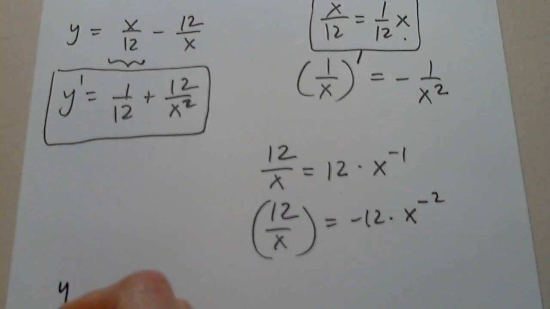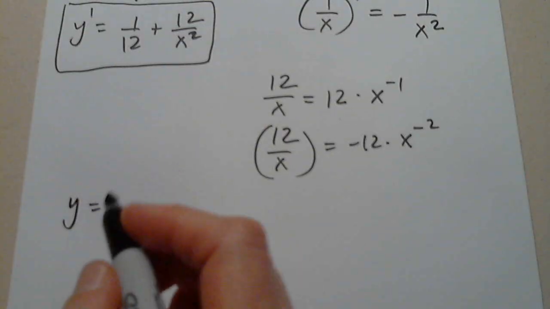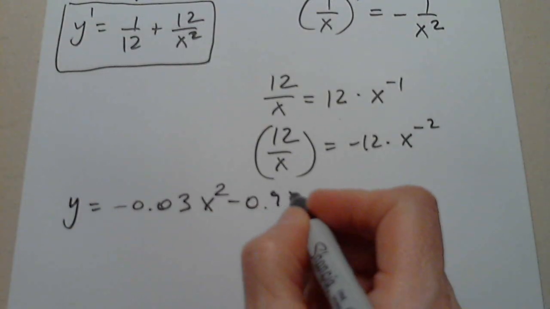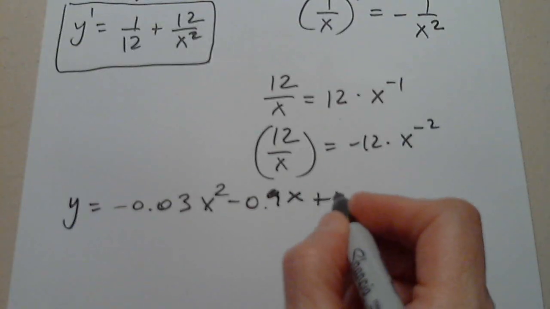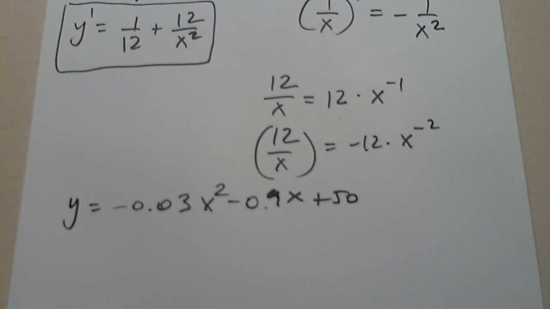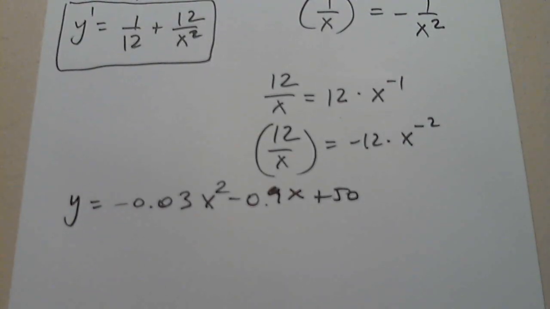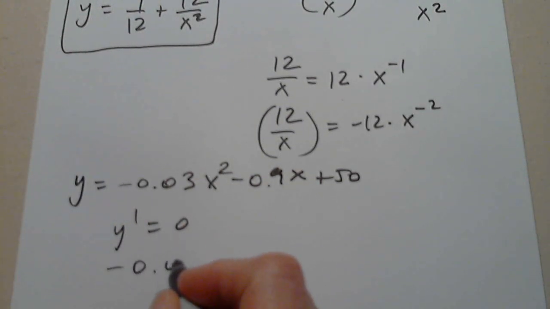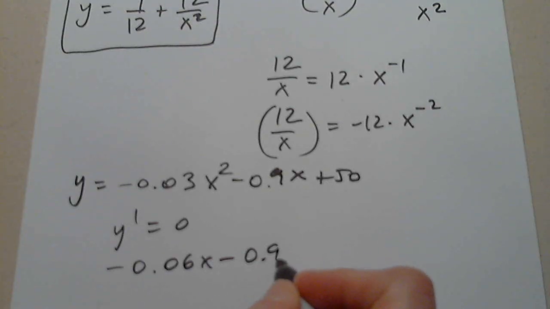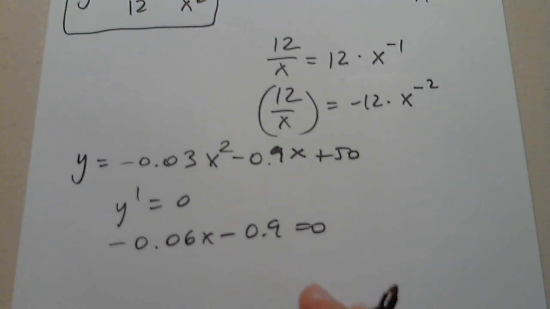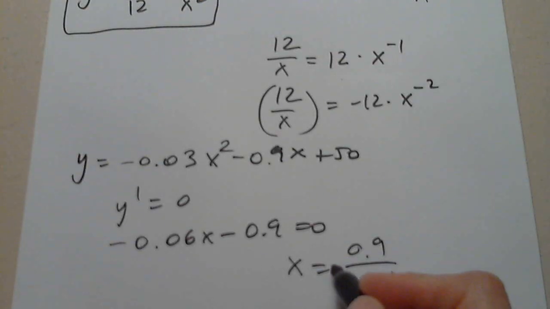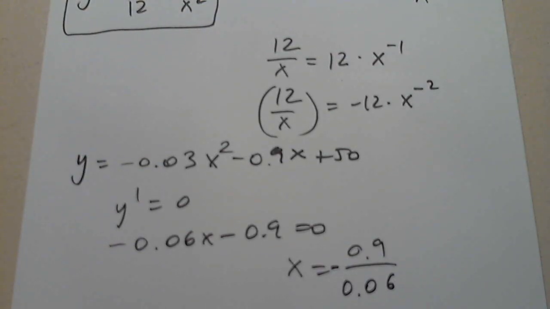So I have y equals, this was the extra credit, negative 0.03 x squared minus 0.9 x plus 50. All we had to write was y prime equals 0. So negative 0.06 x minus 0.9 equals 0. That's all you had to write. So x equals 0.9 divided by 0.06 with minus in front. That's it.